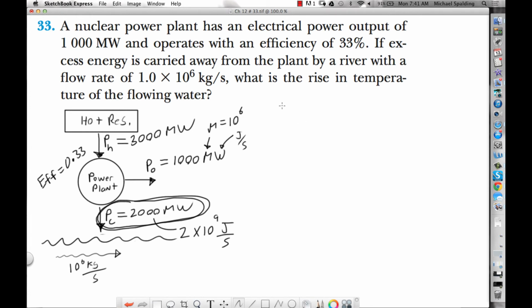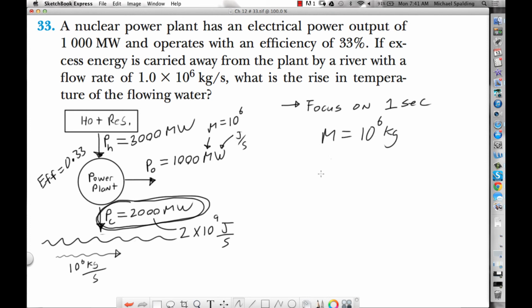So here's what you do. For this problem, we're going to focus on 1 second. What's the mass of the water that flows by in 1 second? 1 times 10 to the 6 kilograms, because they tell us it's 10 to the 6 kilograms per second going past the power plant, right?